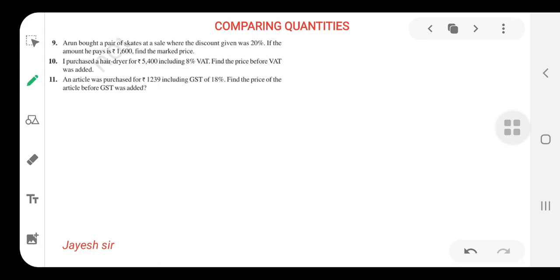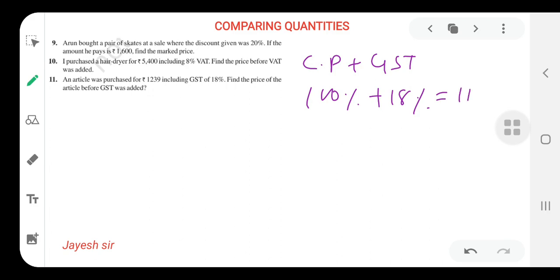What we can say is the total cost price is 100%, and based on that 100% plus GST, that equals 18%. That means 118% value is given to us. The 118% value is given, that is total CP. From total CP we need to find CP.